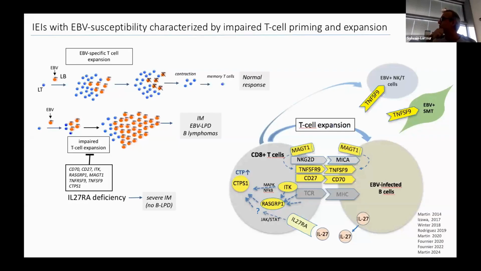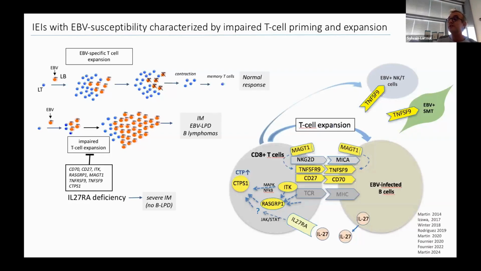And these co-stimulatory molecules, directly or indirectly, activate a downstream cascade when they are co-engaged with the TCR, and activate downstream molecules such as the tyrosine kinase ITK, the exchange factor RASGRP1, and SHARPIN. These signals are important for the expression of CTPS1, which is a CTP synthetase involved in DNA replication in activated T cells, by producing CTP, which is a limiting nucleotide in activated T cells.